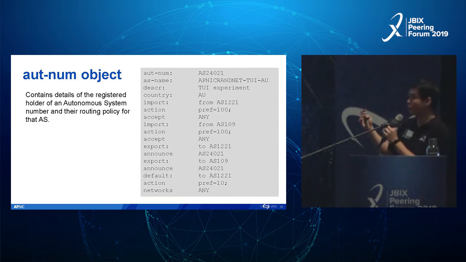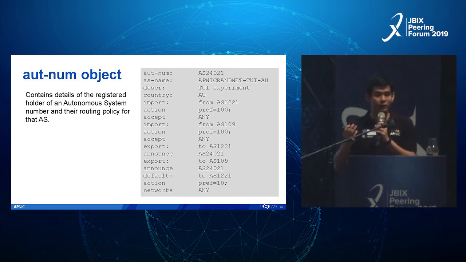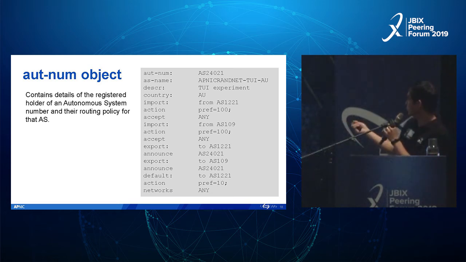And if you configure your router to announce and read from APNIC whois database, then you might want to include some import and export information, such as you're announcing this to which AS number and you're accepting traffic from which AS number. So you can also use the aut-num object to include this information if you're configuring your router to read from the whois database.